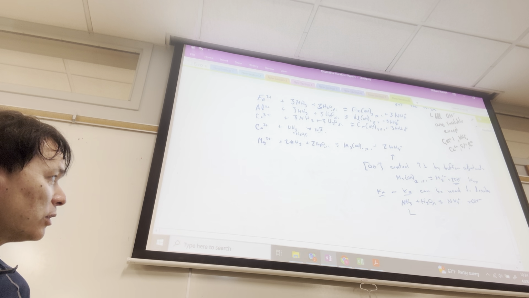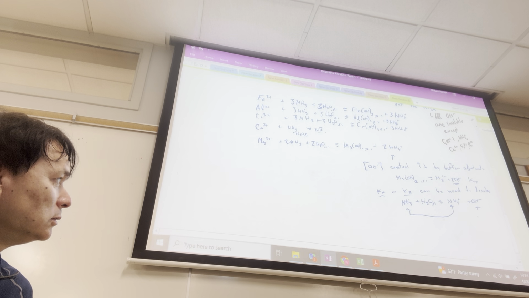So by controlling the ratio of ammonia and ammonium, we can control how much hydroxide we have. In other words, the pOH or the pH here. By controlling how much hydroxide we have, that could limit the amount of precipitation. We just need to make sure that this is unsaturated.